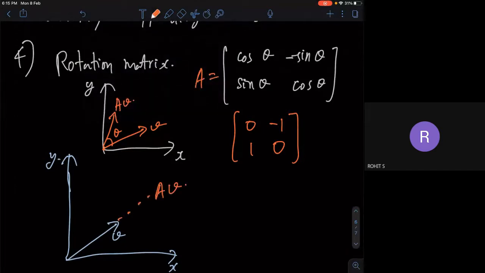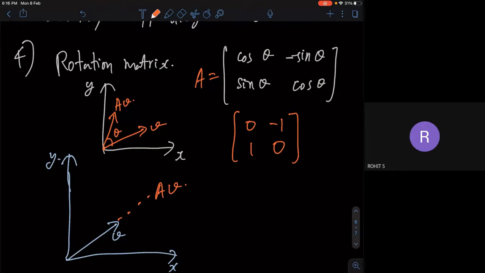That's an eigenvector. An eigenvector is supposed to be pointing in the same direction after you do the multiplication. It's just that maybe the magnitude might have changed, but it has to be pointing in the same direction. What does the rotation matrix do? The rotation matrix is going to rotate it. Here it is 90 degrees, so any vector you give, it's going to turn it by 90 degrees.